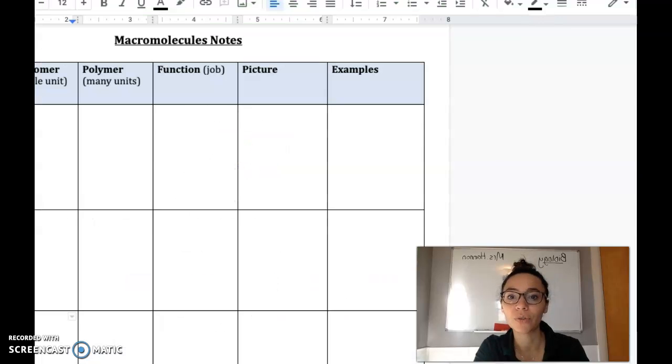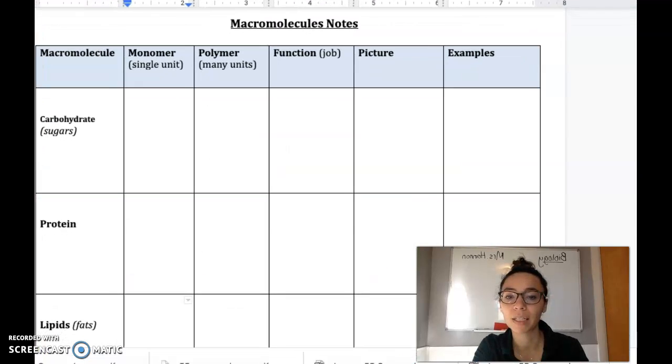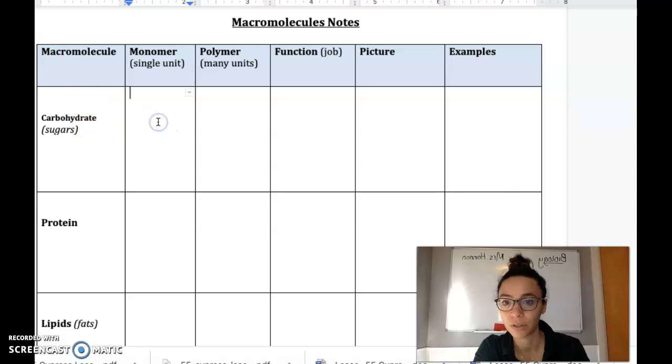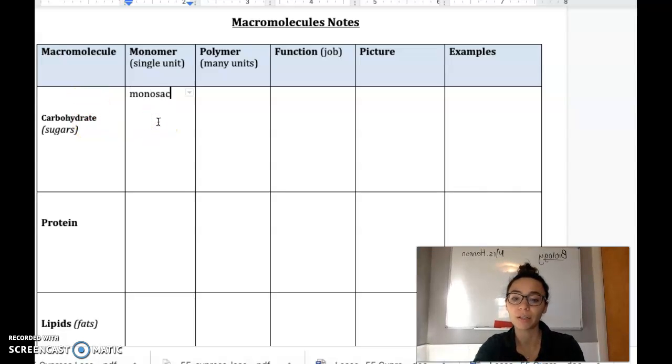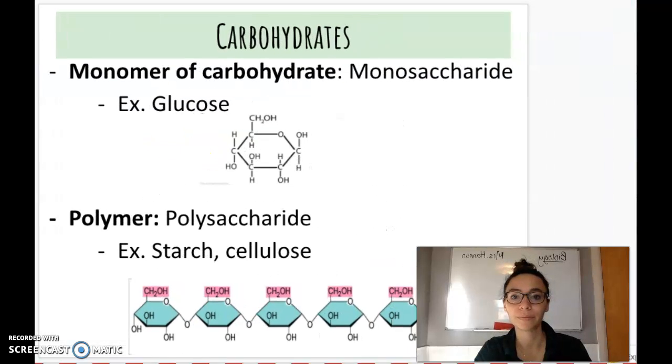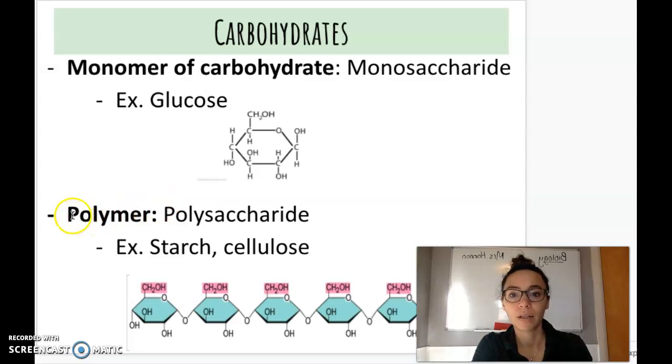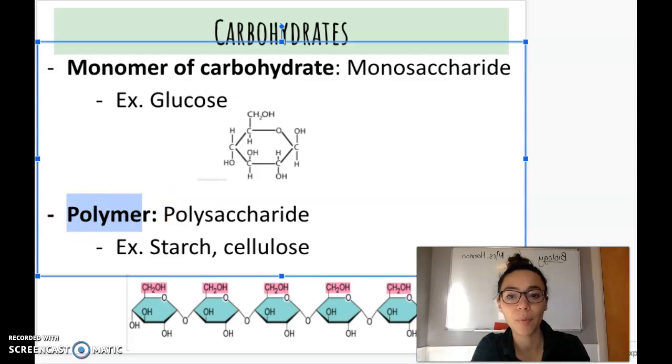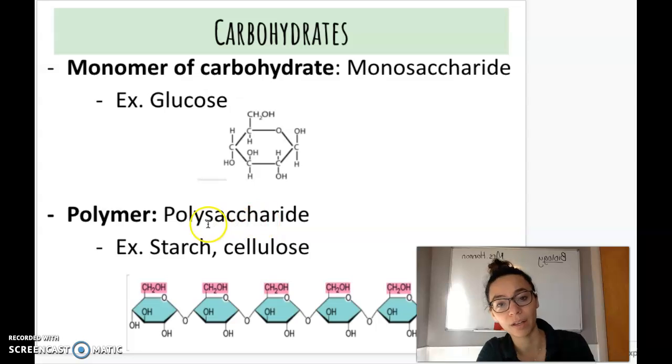So in your notes, you should be writing down monosaccharide here. And then you can write example glucose. Okay? The polymer of carbohydrate is called a polysaccharide.